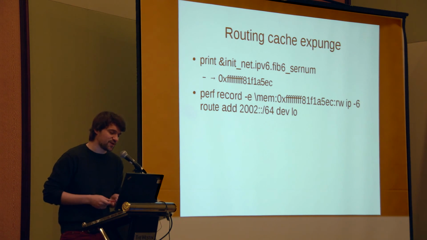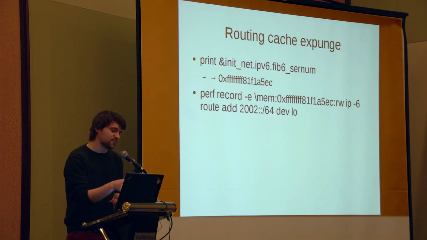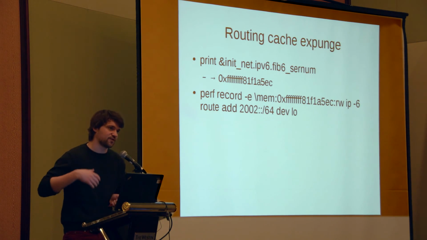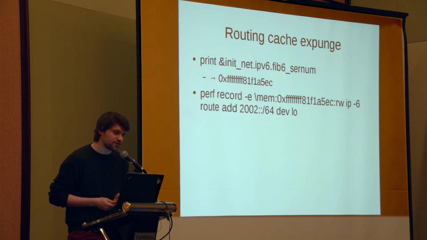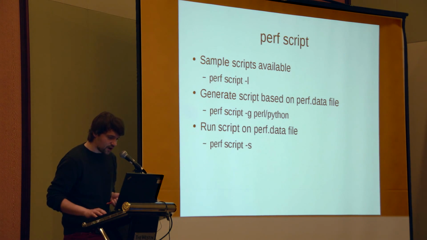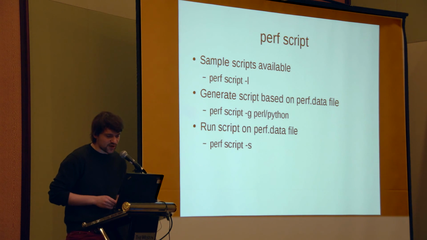In this case, we extract the IPv6 serial number, and every time the serial number is getting updated, we know that basically we have a full cache validation going on in the current IPv6 stack, and we can trace that with that command. That's also pretty handy.